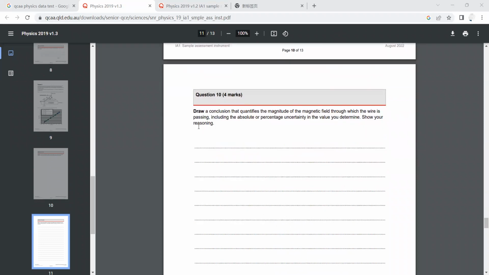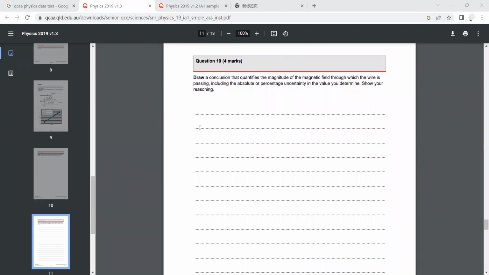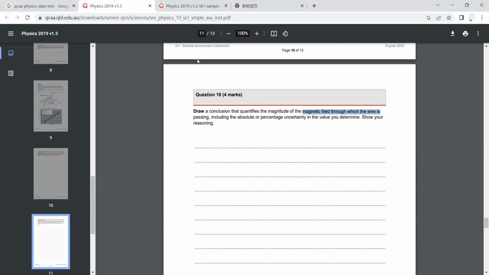Question 10. Conclude by quantifying the magnitude of the magnetic field through which the wire is passing, including absolute and/or percentage uncertainty of the value that you determine, and show your observation. Quantify the magnitude. So what do they want us to do?